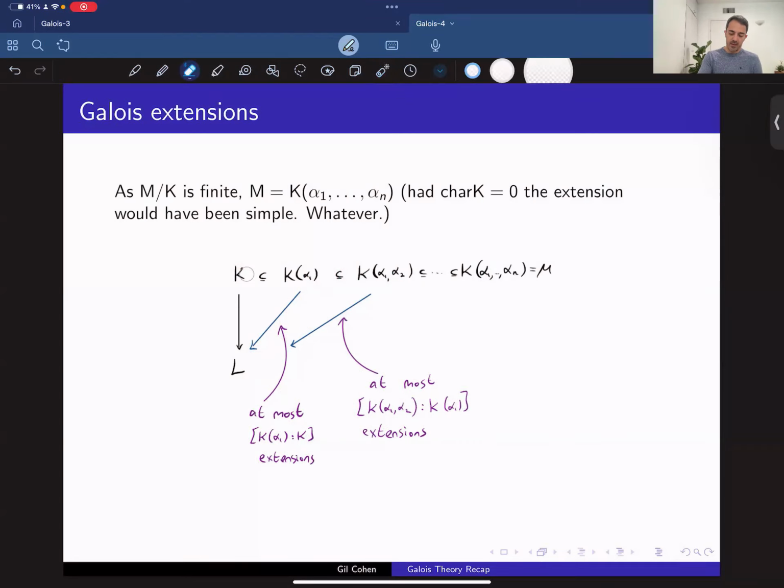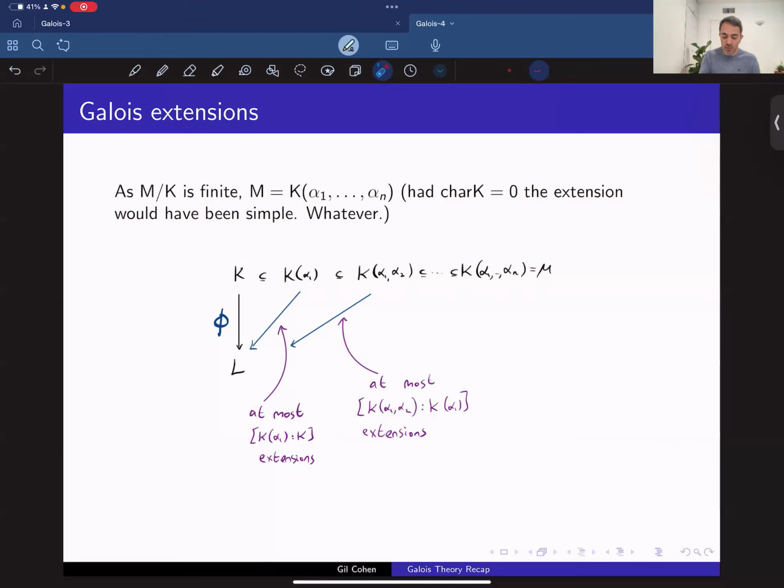So how many ways do you have to extend this map phi from K to K of alpha 1? What you really have to do is that any such extension must map alpha 1 to a conjugate of alpha 1, to another root of the minimal polynomial of alpha 1 over K. And the number of such roots is bounded by the degree of the polynomial.